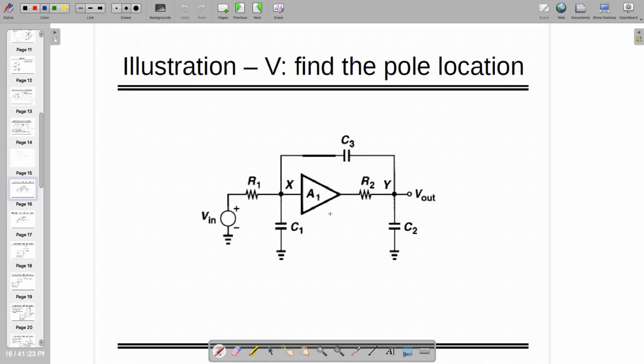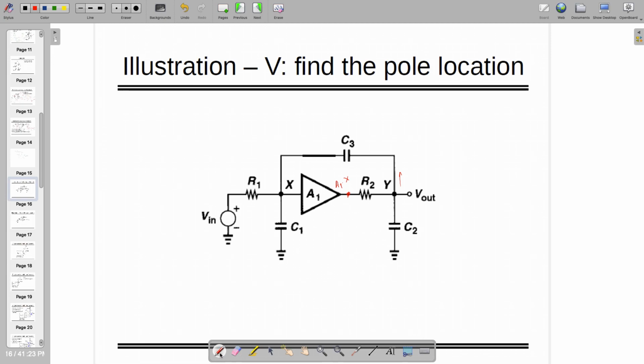If there is gain from X to Y point, then you can apply Miller theorem and you can decompose the capacitor, right? So let's see that. From X to Y, of course, this point is amplified, so the intermediate point is amplified by A1 times X, and accordingly Y is a larger value than X. So there is a gain from X to Y.